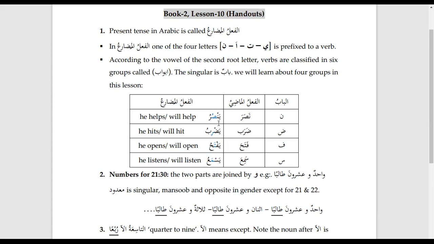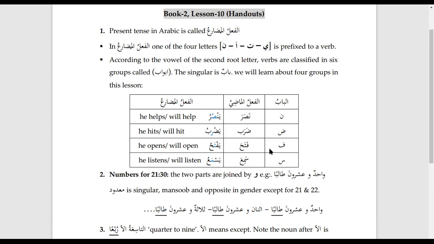Nasara, yansuru. Okay, when we say daraba, and these are the fixed verbs that are used in the dictionaries, when we see dad, that means it's daraba yadribu. What happened here? The second root letter has kasra. Nasara, yansuru, daraba, yadribu.